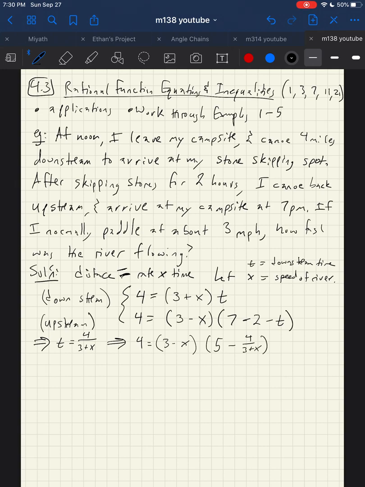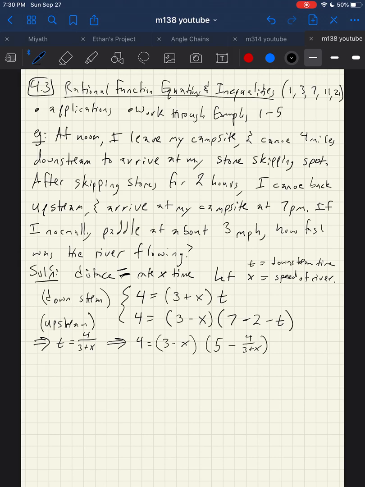All right. So now what I have here is an equation involving rational expressions. So what I'm going to do is try to simplify this and get my hands on a rational expression that I can manipulate.